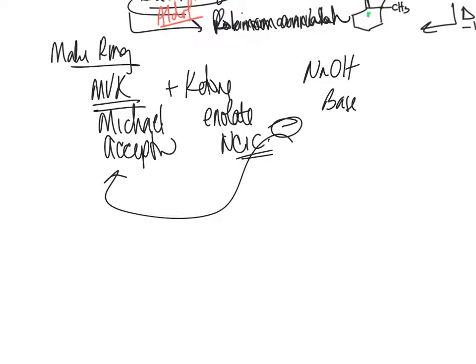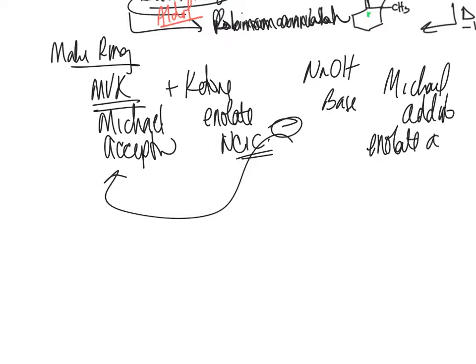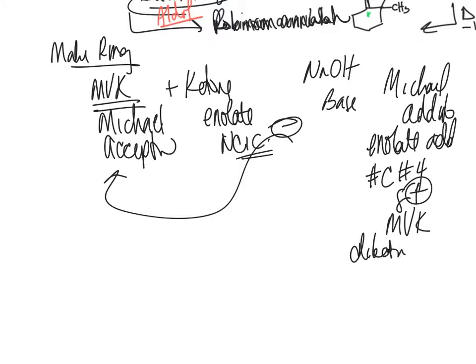First thing you're going to do is a Michael addition. So your enolate will add to carbon number 4, delta positive of the methyl vinyl ketone. Then you're going to be getting a diketone product. Okay, so that's step 1.